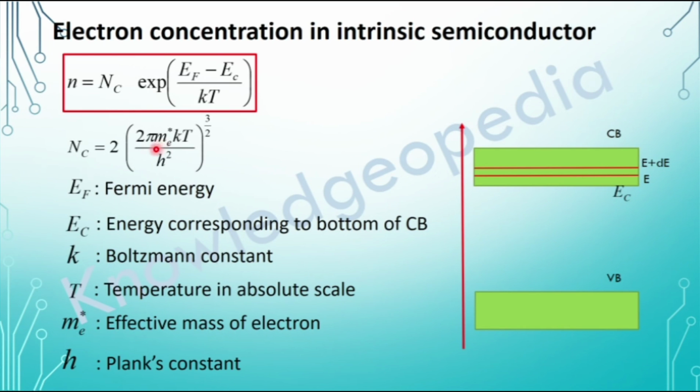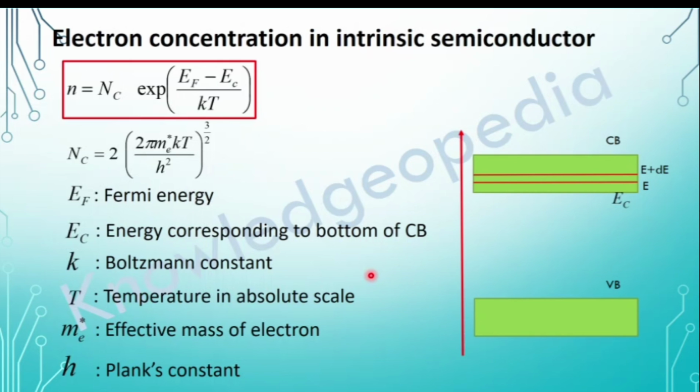And h is the Planck's constant. So if all these values are known to us, we can calculate the electron concentration at the given temperature. From this expression, you can see that the electron concentration changes with the temperature of the semiconductor because it is dependent on this T, which is the temperature of the semiconductor.